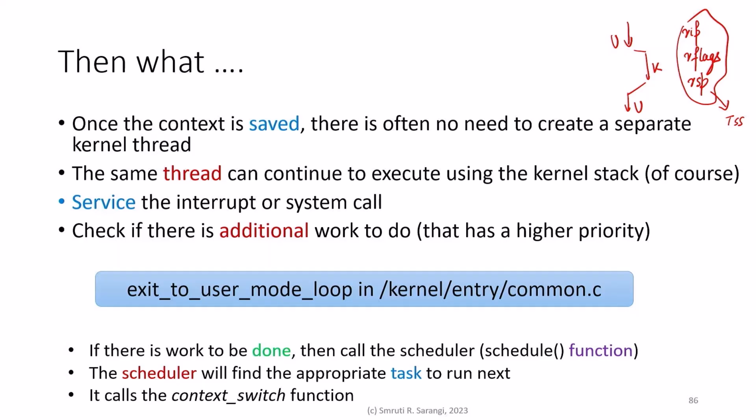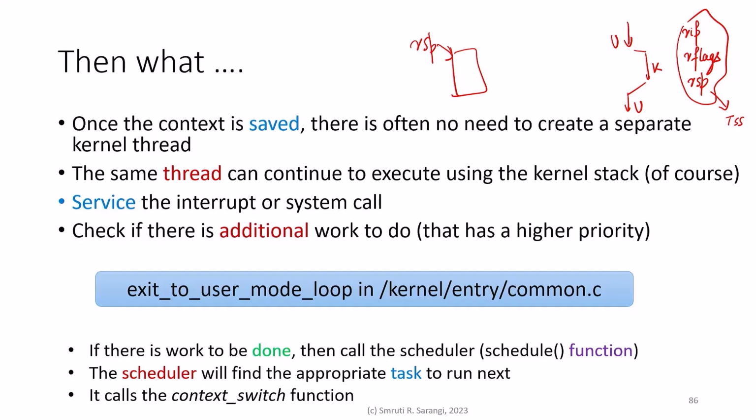Once you are done with the kernel stack, you will restore the value of RSP, so RSP will now point to the user stack. But mind you, once RSP points to the user stack, the kernel stack cannot be used again. It's gone. That is fine because by that time you have restored everything.